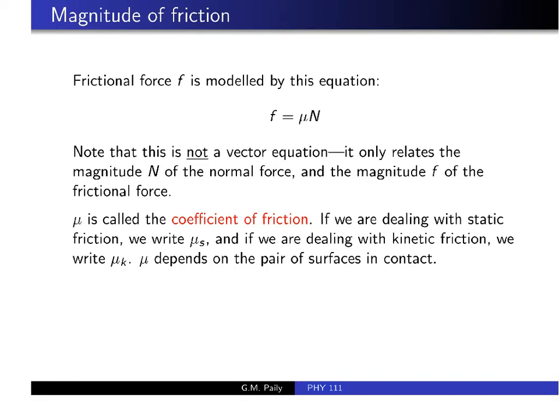So mu is the coefficient of friction. If we are dealing with static friction, we write mu sub s. And if we're dealing with kinetic friction, we write mu sub k. Mu depends on the surfaces which are in contact. So the mu for a pair of wood surfaces in contact would be different from the mu for a wood surface and a steel surface in contact, or a pair of steel surfaces in contact, and so on.